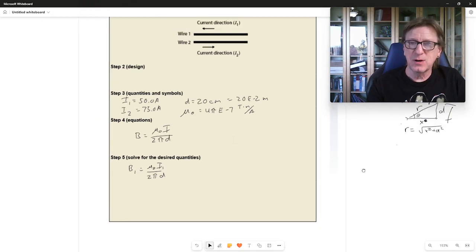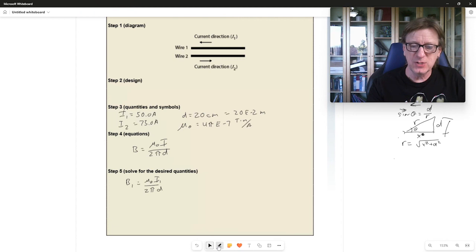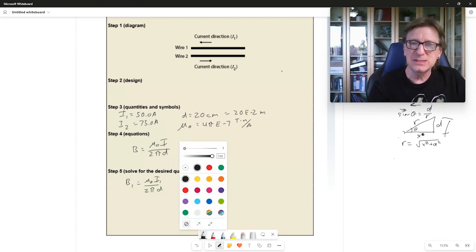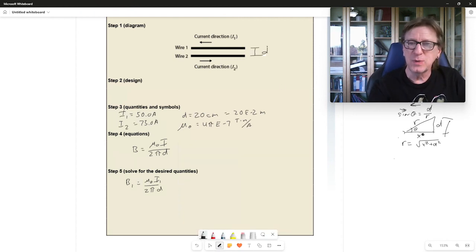Notice that our d is going to be the same for each one of them. d is the separation between these two wires. We're not looking for the field in the middle. Remember when we did this before, we grabbed hold of a wire. For example, if I want to find the force on wire 1, I need to figure out the magnetic field due to wire 2, and then wire 1 just considers that an external magnetic field.